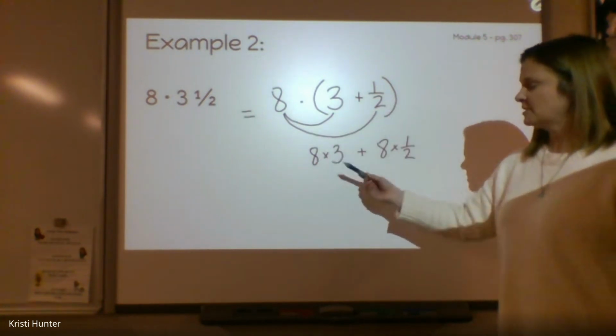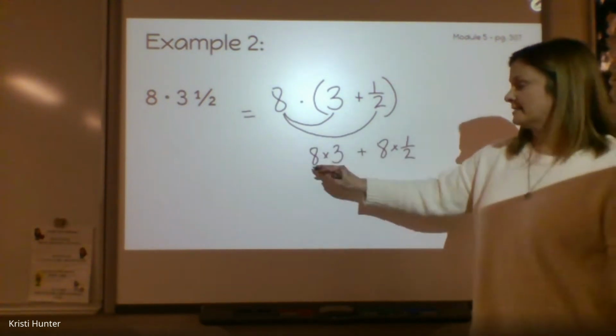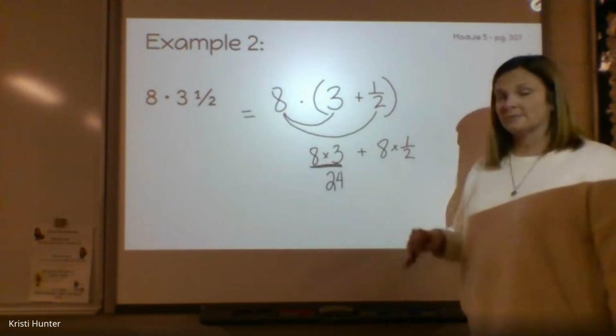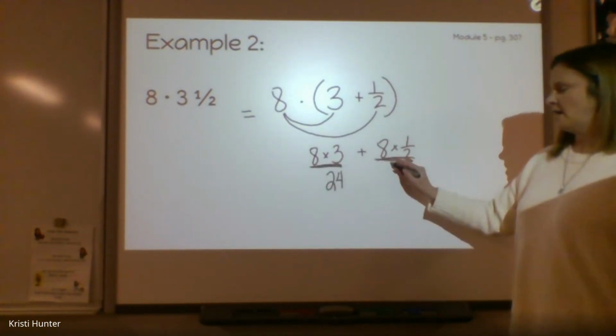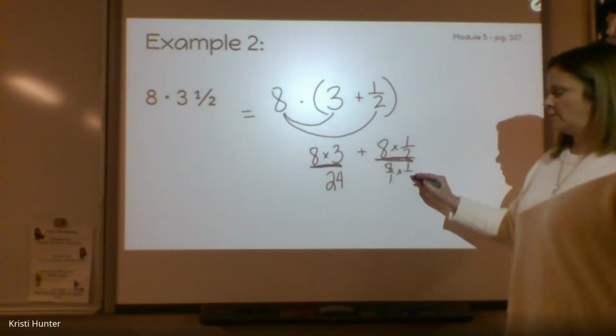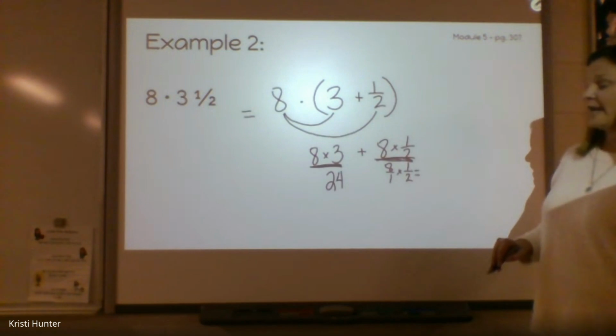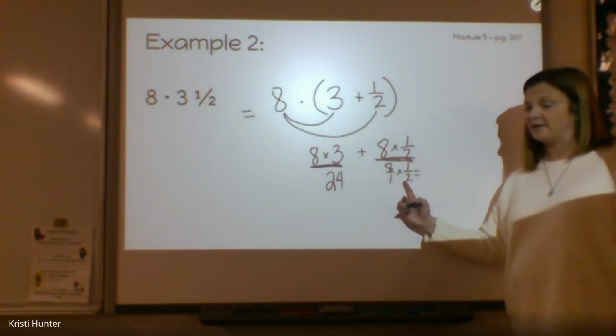So 8 times 3 is 24, because order of operations says I'm going to do all my multiplying first. So I got to come over here and multiply first. Remember, that's like 8 over 1 times 1 over 2. So when I multiply fractions, remember, no common denominators needed.